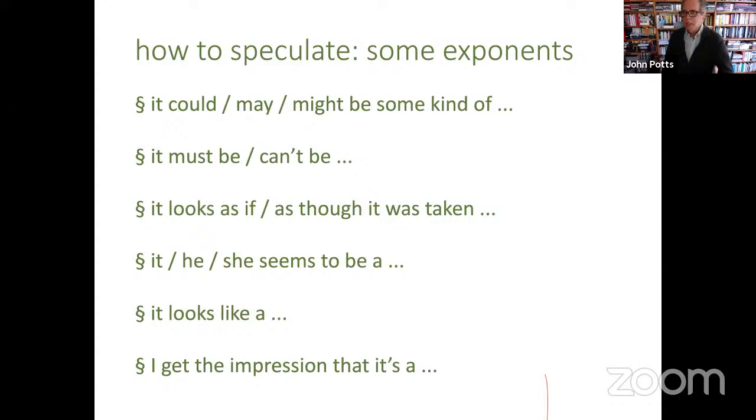If I want to speculate, that's my function, speculation, but I can do it in different ways using different grammar, and these are called exponents of that function. Here on the card we've got quite a number of exponents for speculation. And your learners will need to know those, won't they? If they're going to talk about that picture speculatively, they'll need this language. So now we can see how a picture can have a very strong language focus, the exponents for speculation.